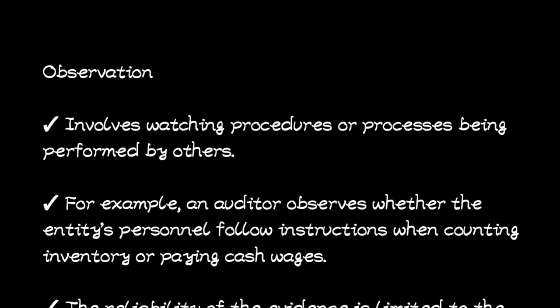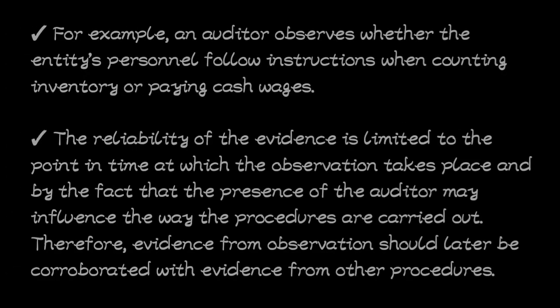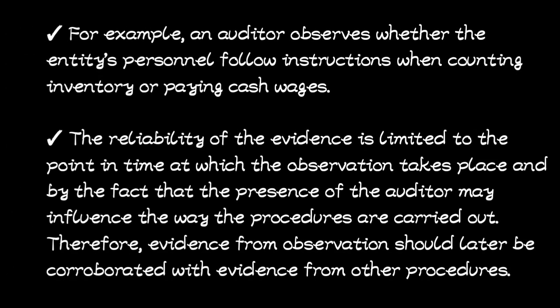That is observation. You watch things with your own eyes. So an example of observation, an auditor observes whether the entity's personnel follow instructions when counting inventory or when they're paying cash wages to employees, things like that. So they watch with their own eyes.